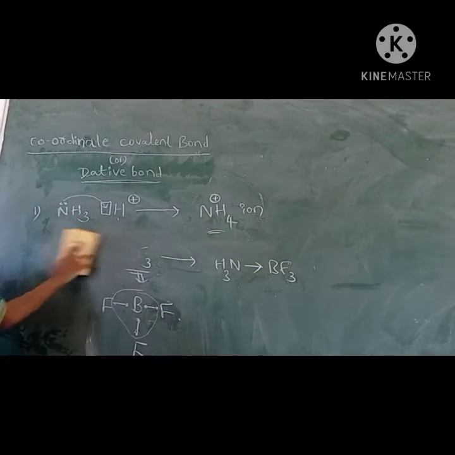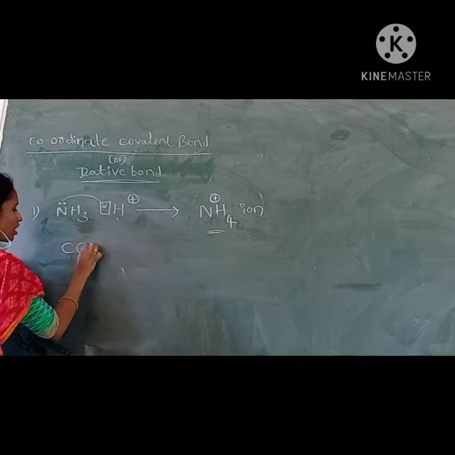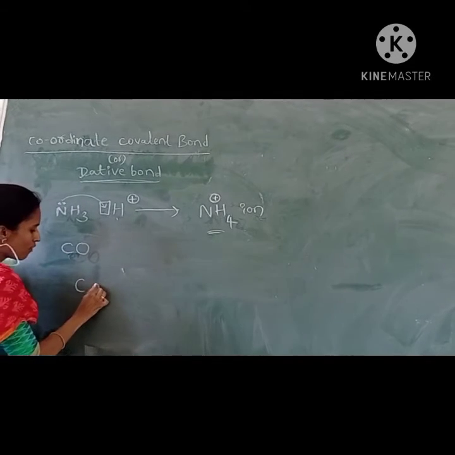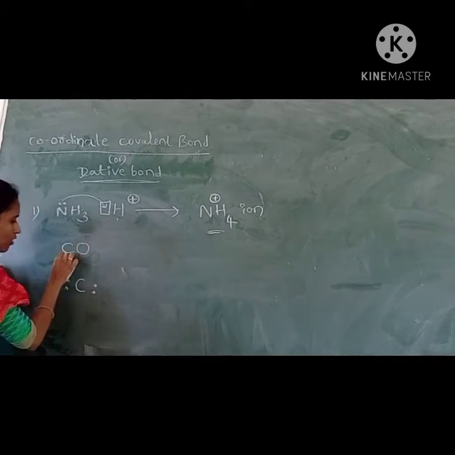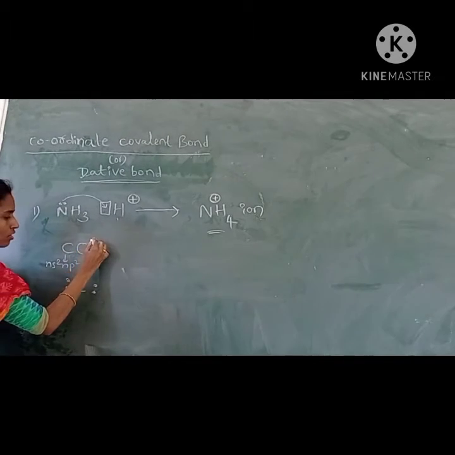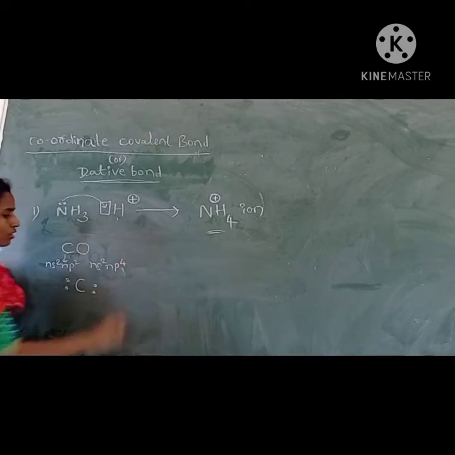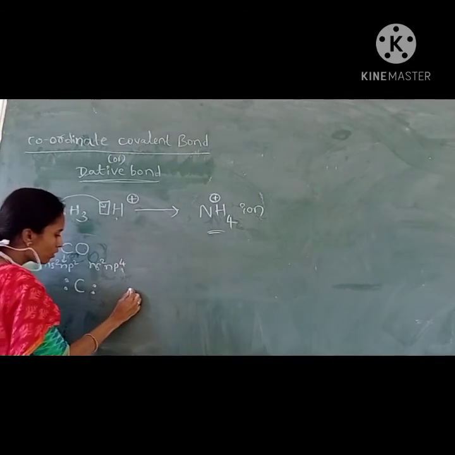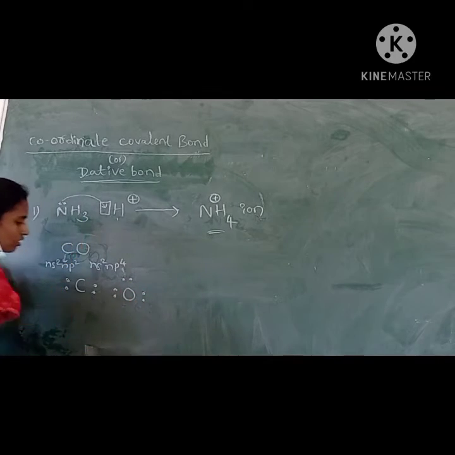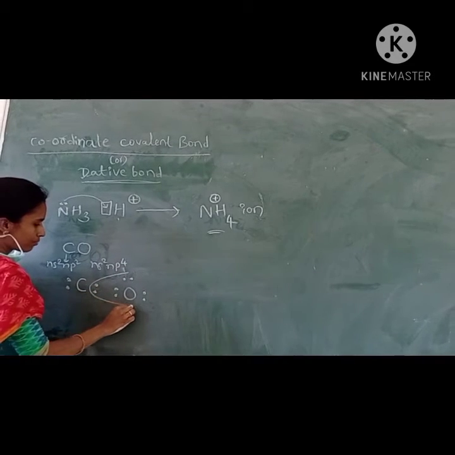Let us see one more example, carbon monoxide. In carbon, how many valence electrons are there? 1, 2, 3, 4, because carbon's outermost configuration is ns2 np2. Oxygen family has outermost ns2 np4, 6 valence electrons. According to Lewis theory, they will share 2 electron pairs.